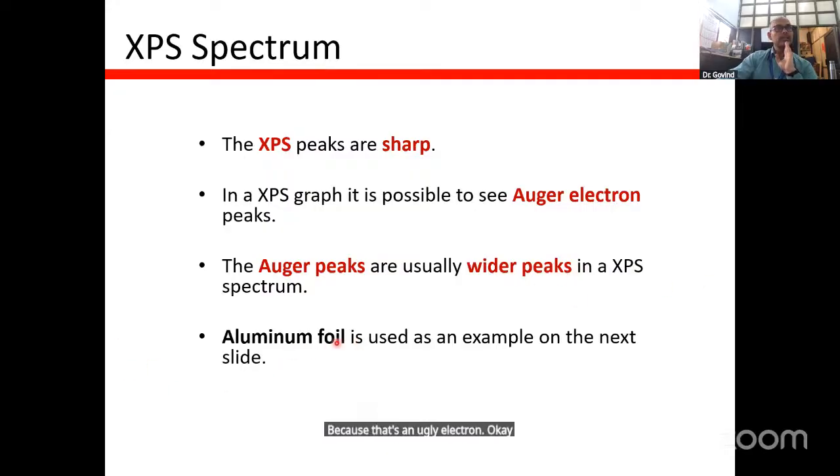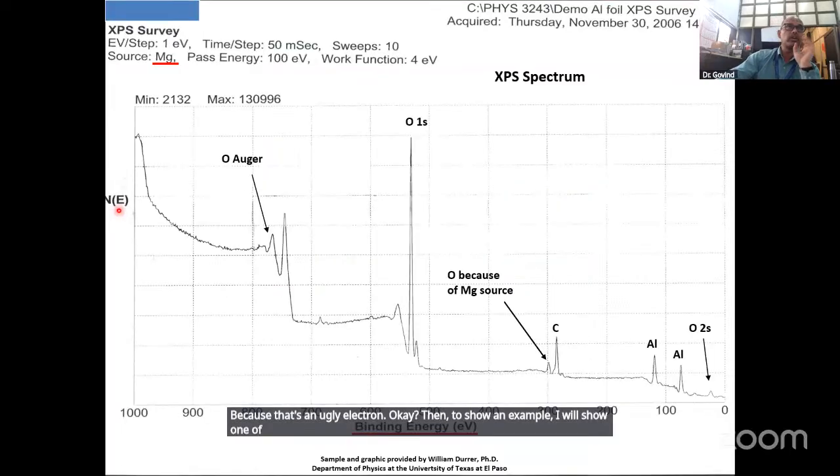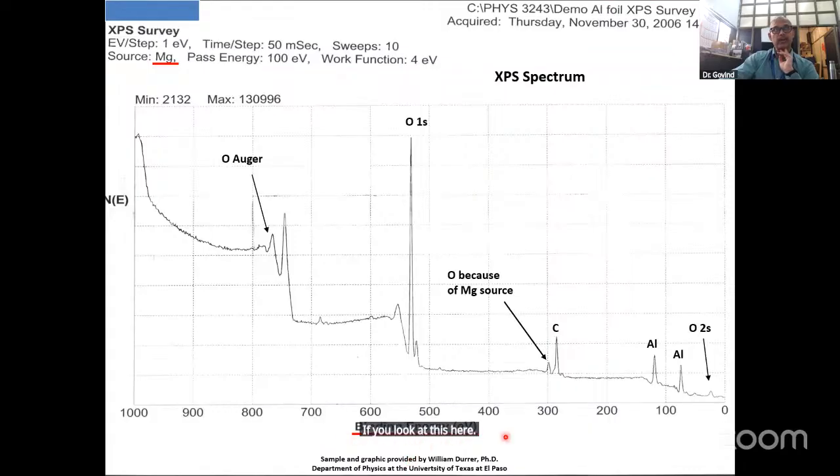Then, to show an example, I will show a typical aluminum foil example. Look at this. Here the graph is binding energy. A magnesium source is used, and this is always the rising side. This is the number of electrons collected, and here are all the elements observed in the aluminum foil.